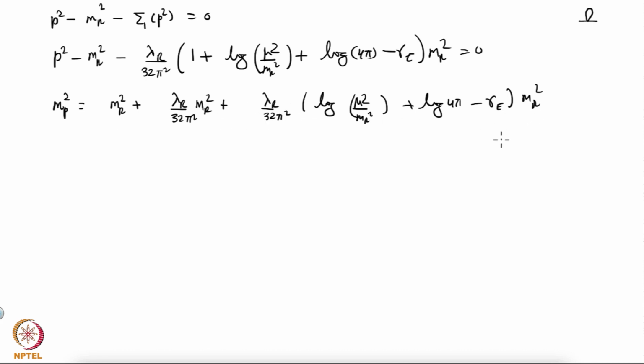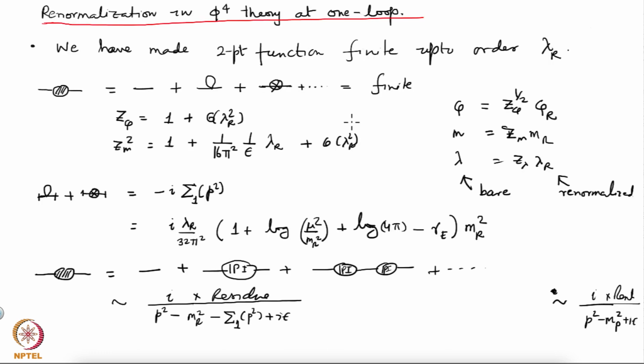And right now, this result is in a particular scheme. It is called MS scheme. Because in writing this, I have only subtracted a pole term. Z_m had only a pole term, only the singular piece, no finite terms.